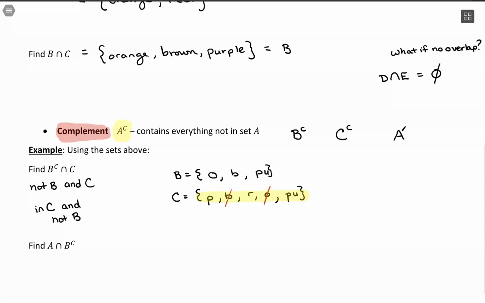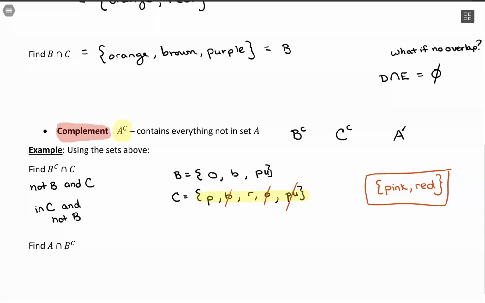Brown, don't want that. Purple, don't want that. So I end up with this set that is pink, red, and that's all. And that would represent this idea of colors that are in C, but are not included in set B.